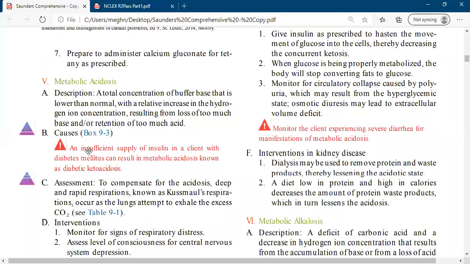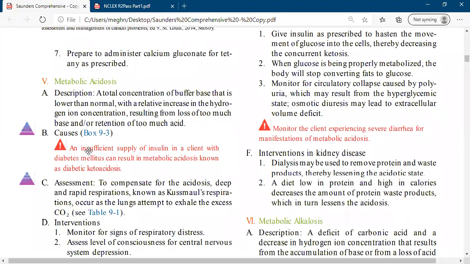So if your patient has diarrhea, there is a chance of developing metabolic acidosis. If your patient has vomiting, there is a chance of developing metabolic alkalosis.